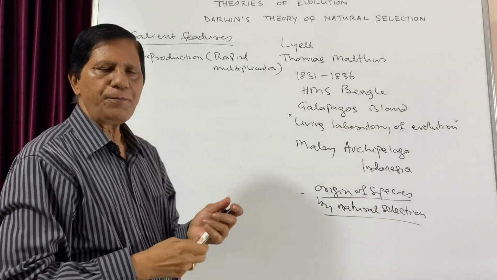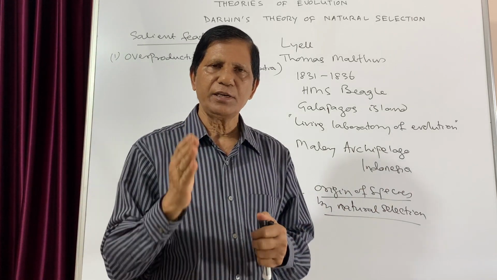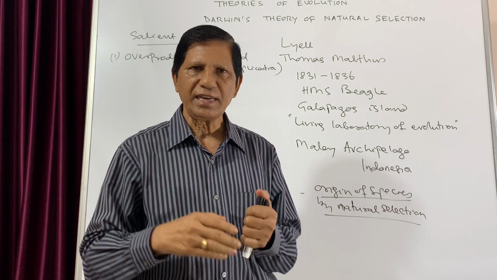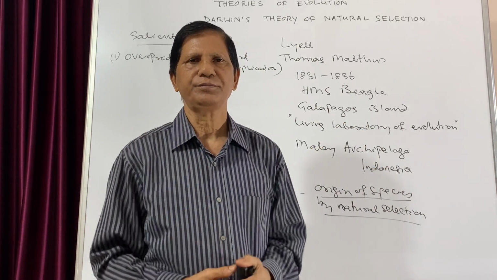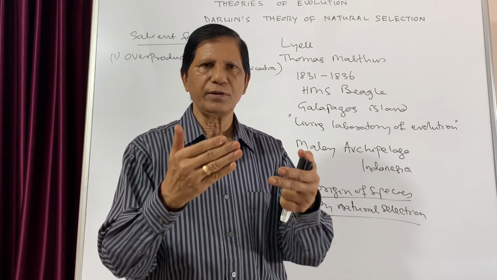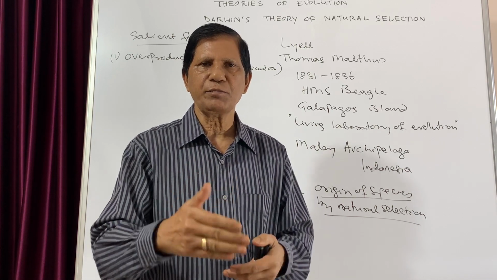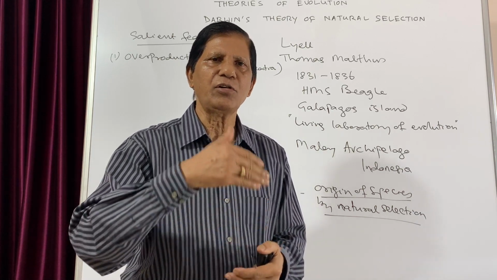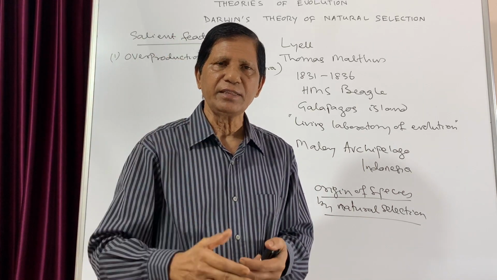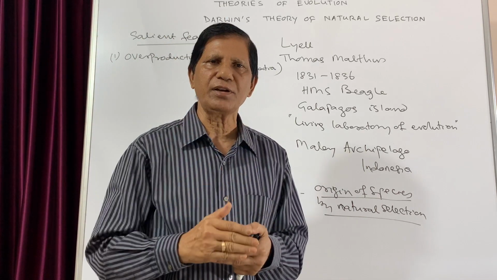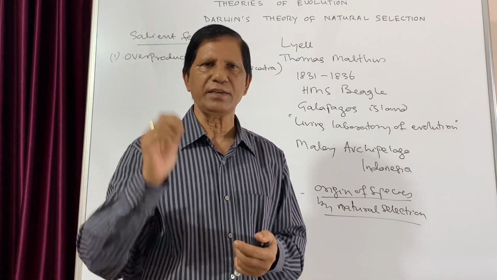Usually, each organism, whether plant or animal, has an inherent tendency to produce more and more. Suppose in the first year one organism produces some, in the second year it will be doubled, in the third year 4 times, then 8 times. That means the population usually increases in a geometrical progression.